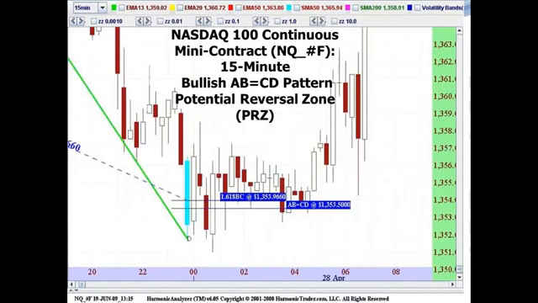Looking at this chart of the price action in the potential reversal zone, we see how those two measurements came together to define precise harmonic support. The exact AB equals CD price level marked the lowest range of the potential reversal zone. This harmonic support was complemented by the 1618 BC extension.